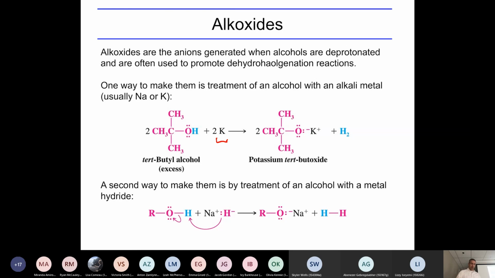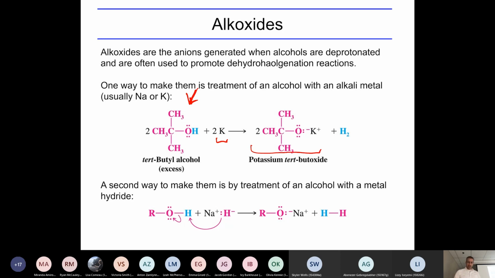You could use tert-butyl alcohol, which is this big thing over here on the left. Now that tert-butyl group is big. Remember, every time you see tert-butyl in this course, think big, size, large. And you end up making an alkoxide that looks like this, which is huge.